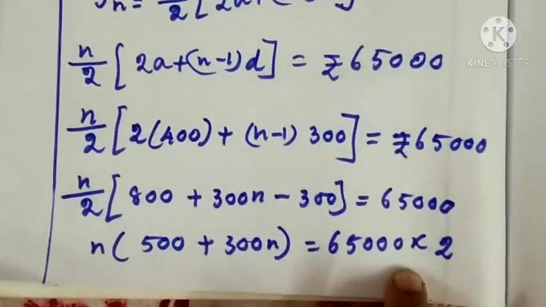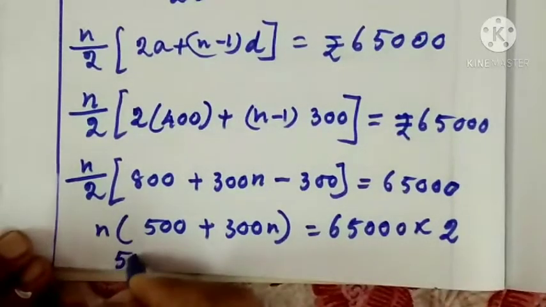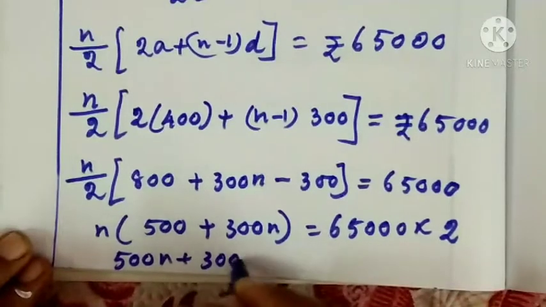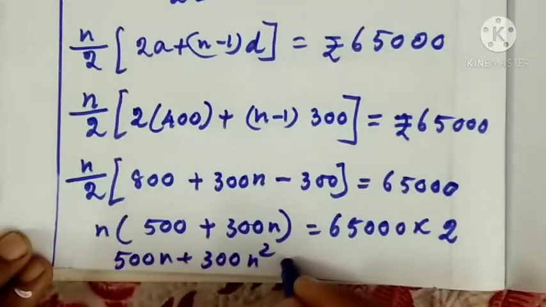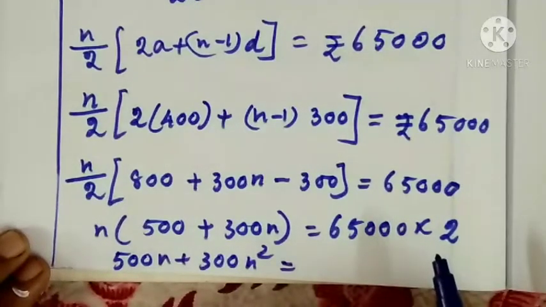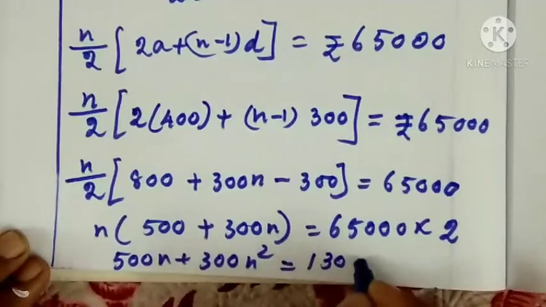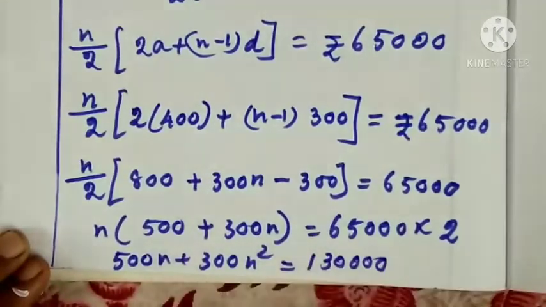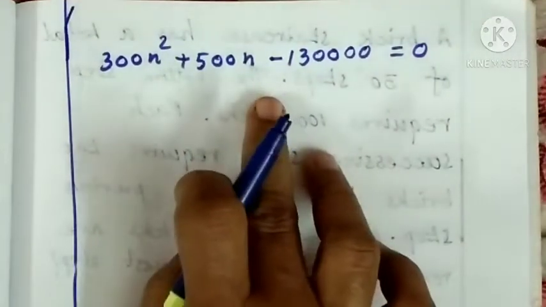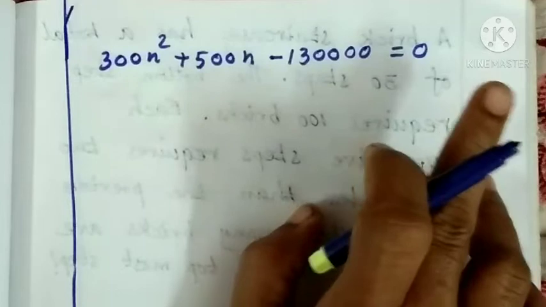Now you have to simplify this, we get 500 n plus 300 n squared is equal to 65,000 into 2 is 1,30,000. That is 300 n squared plus 500 n minus 1,30,000 is equal to 0.